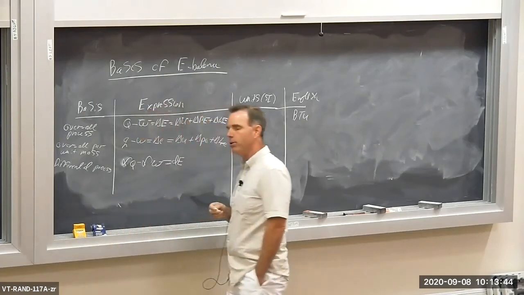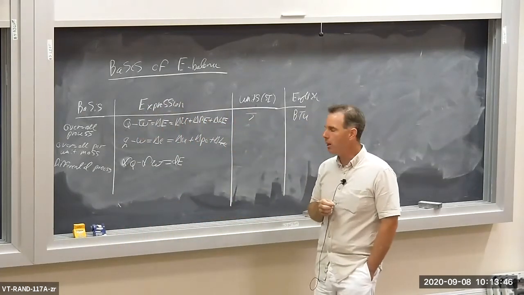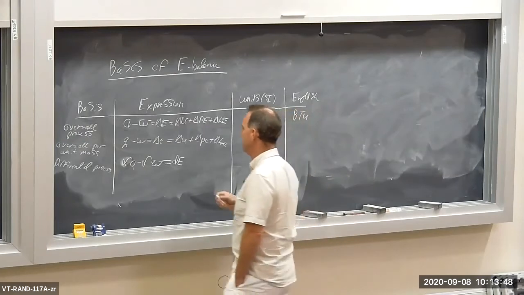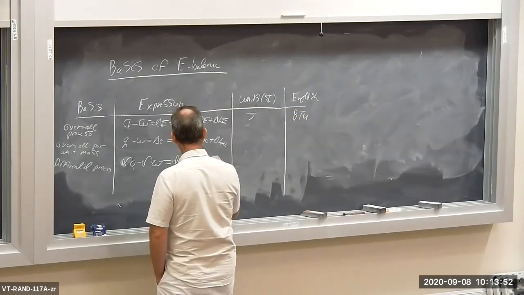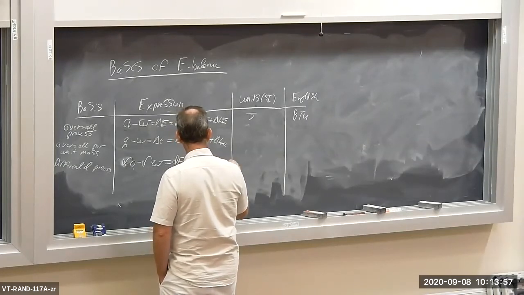Energy is a point function, so it's dE, not delta E, which is equal to dU plus dPE plus dKE.